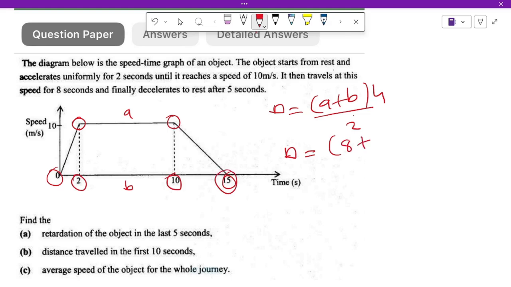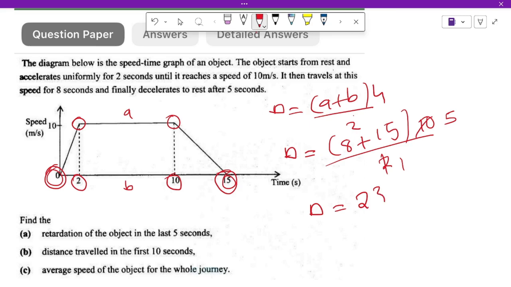Our B is the distance from there to there. So 15 minus 0 is 15. Okay, and then what is the height? The height is 10, just like from the previous one, over 2. 2 there 1, 2 there 5. Okay, distance is equal to 8 plus 15, that should give you 23. Okay, 23 times 5, distance will be equal to 5 times 3 is 15, remainder 1. 5 times 2 is 10 plus that one, 11.